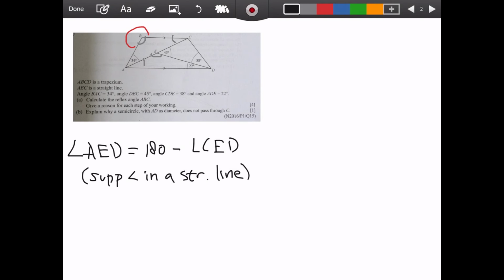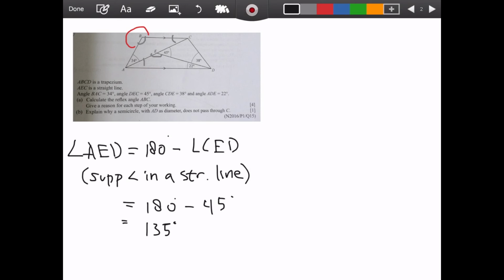So what is the angle AED? 180 degrees minus 45 degrees, which is equal to 135 degrees. Now you know what AED is.